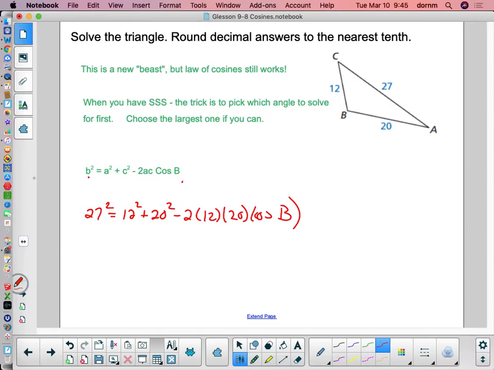Now we got ourselves a little bit more work, because now we're actually going to have to figure out what all these squares are. 27 squared is 729.